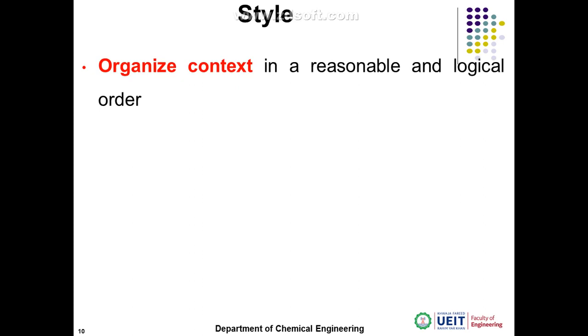When you have written your cover letter, while proofreading you may have to adjust it. It is quite possible that between the second and third paragraphs, you may have to shift some of the words. So you have to organize the context. For example, once you are mentioning your studies, don't then go to your job experience and come back to your educational experiences.